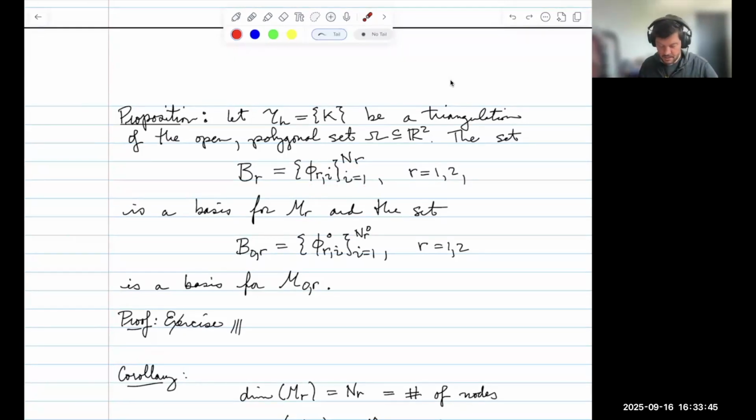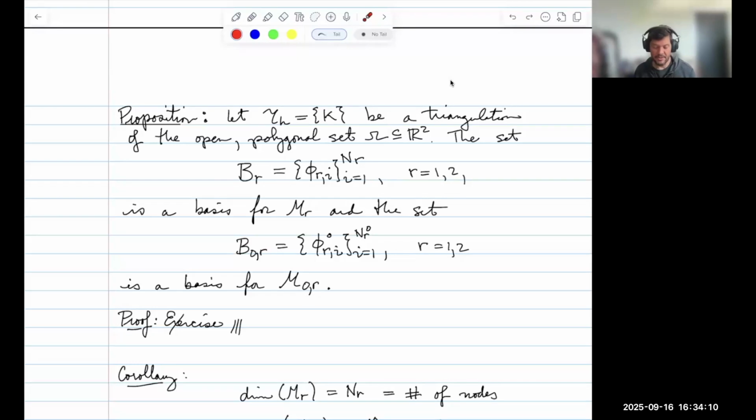And the set B0R, where I take these basis functions, remember these are the basis functions which don't have degrees of freedom at the boundary, phi ri superscript 0, that means interior, for i equals 1 to nr0, r equals 1 and 2, is a basis for m0r.